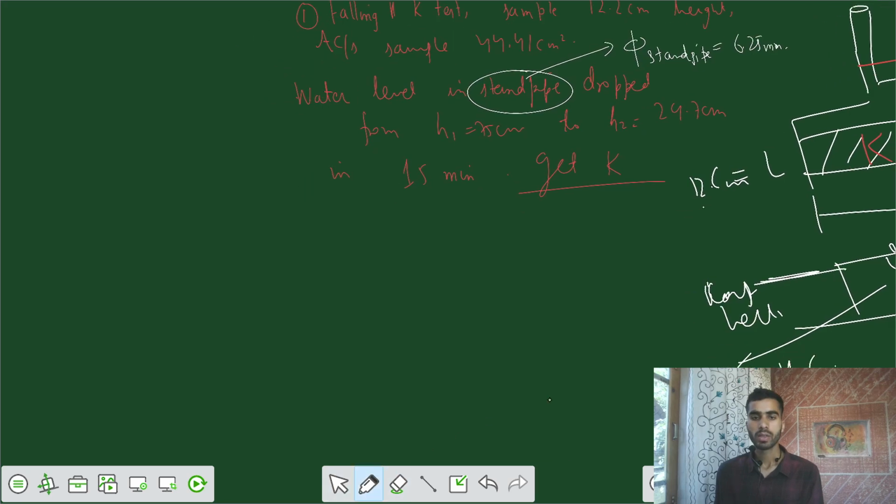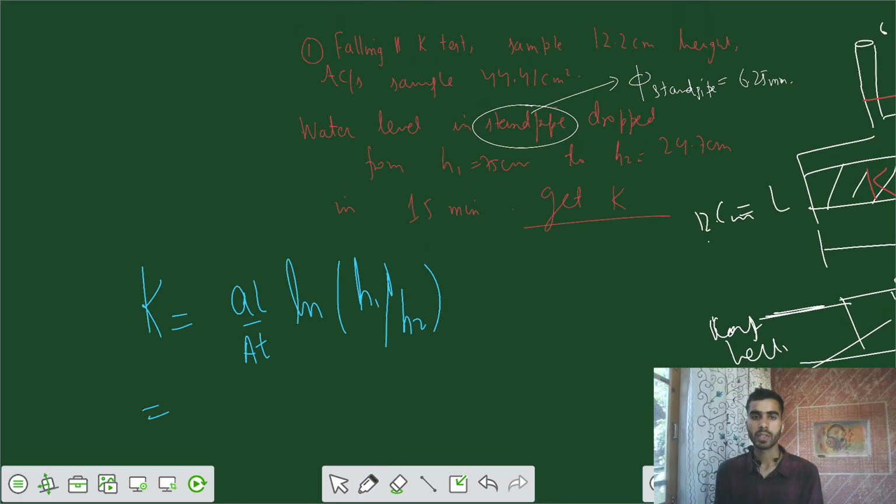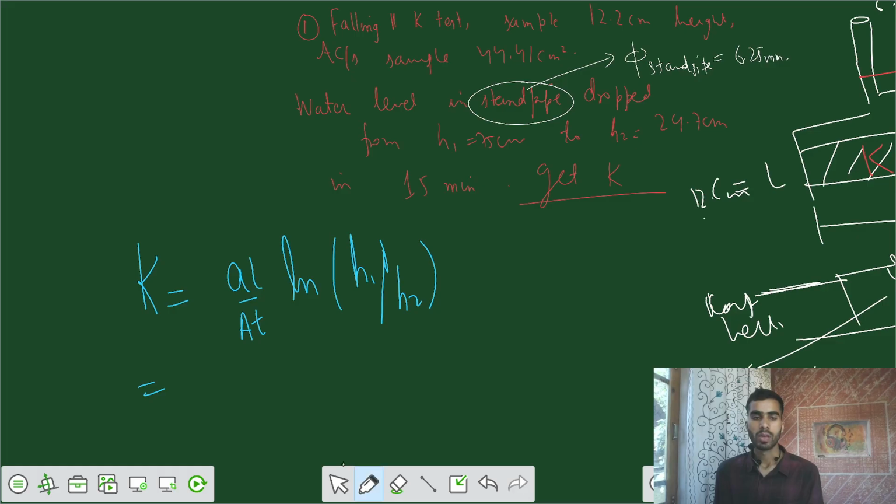We have the equation, so get the answer. The equation is k equals aL by At ln of h1 by h2. You need to substitute those values to get the final value. I would write here pi by 4 into 6.25, which is in millimeters.